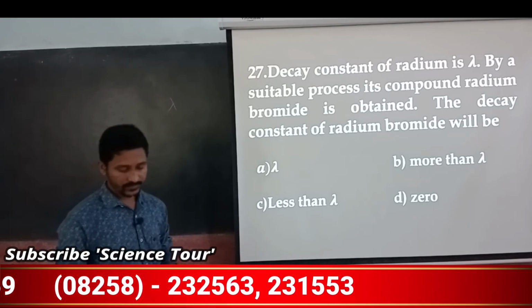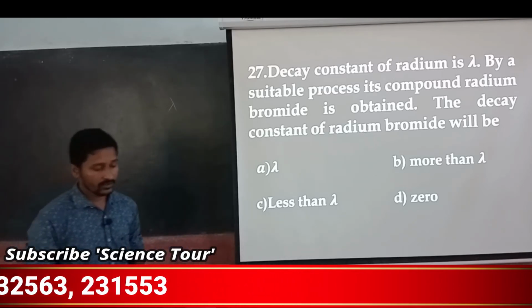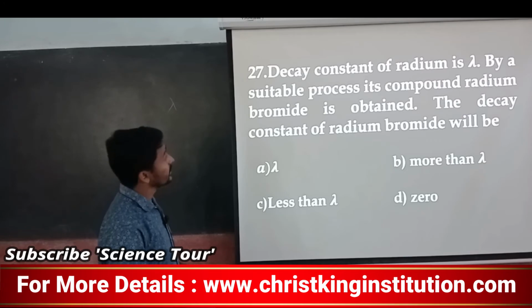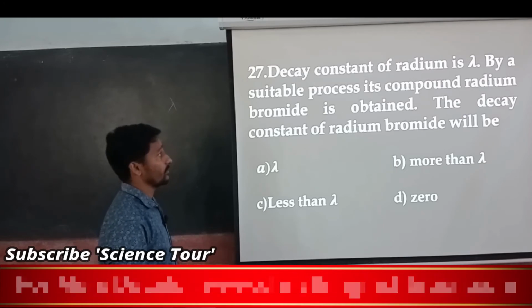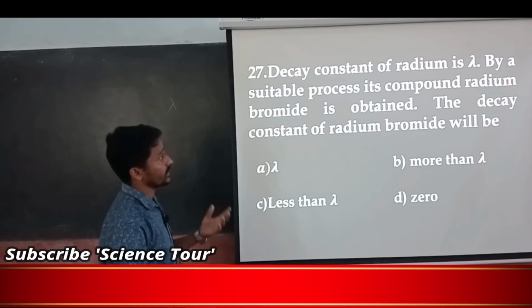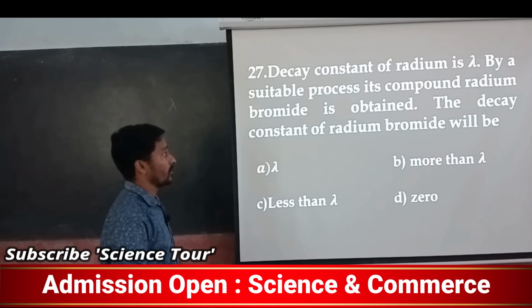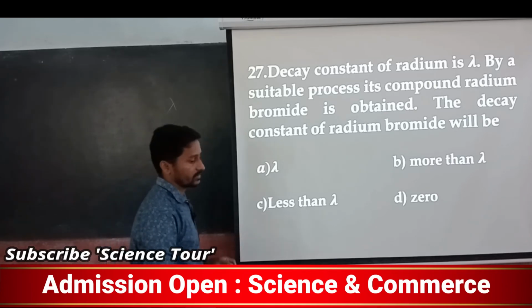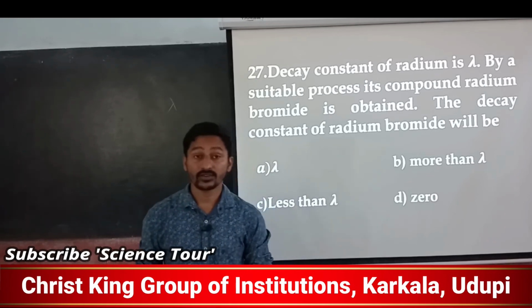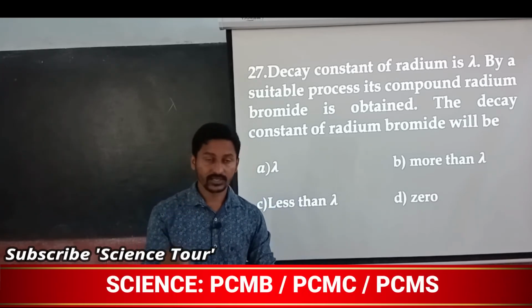Now, the decay constant of radium is lambda. By a suitable process, its compound radium bromide is obtained, so radium and radium bromide, that is a chemical reaction so that it becomes radium bromide. Now the decay constant depends on the radioactive substance.